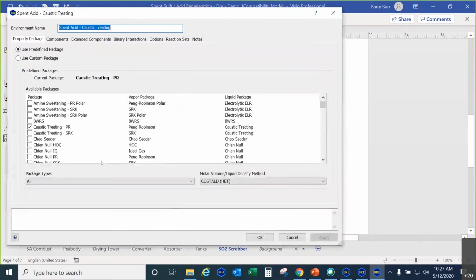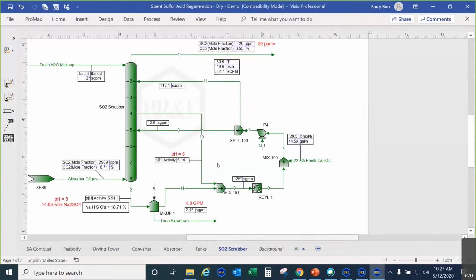So we're now using our caustic treating Peng-Robinson environment because this is much more appropriate. We don't have a strong acid phase, but we have this caustic that we're very experienced with working with, and we use that to absorb the SO2 out of the off gas.